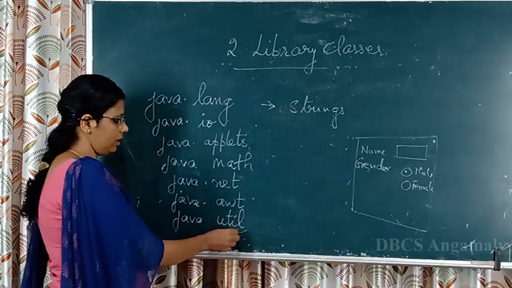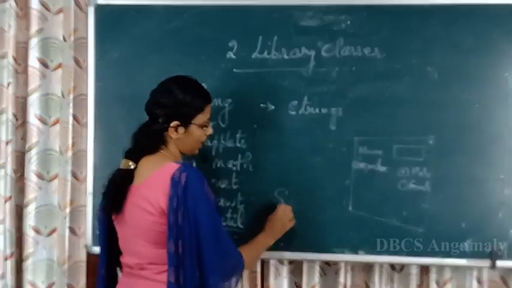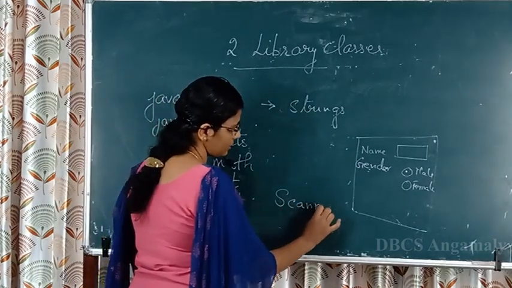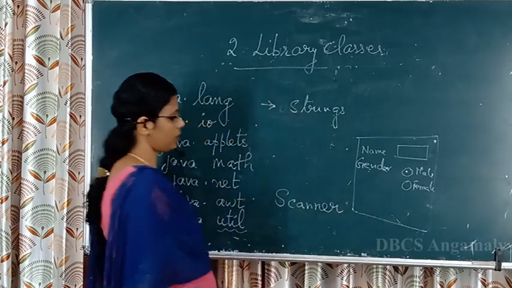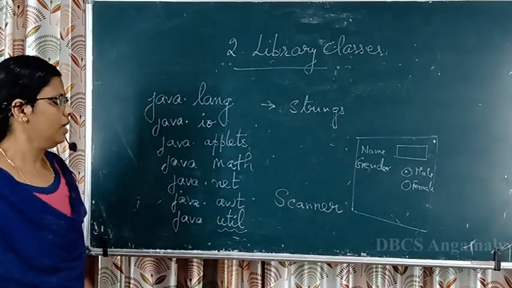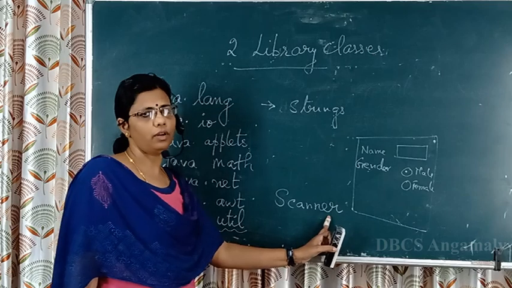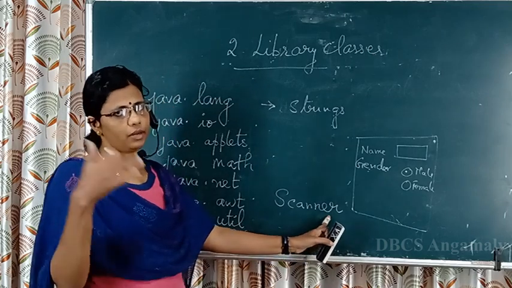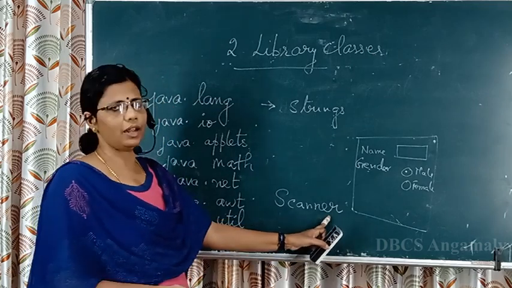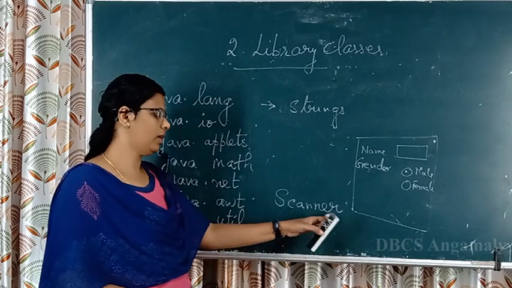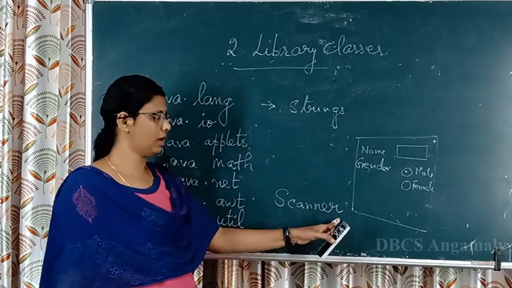Here in util, you are mainly talking about a class called the scanner class. We have already used scanner in our programs. This class mainly helps you take tokens from the input device. There are many functions related to the scanner class which we will deal with in detail in later classes.